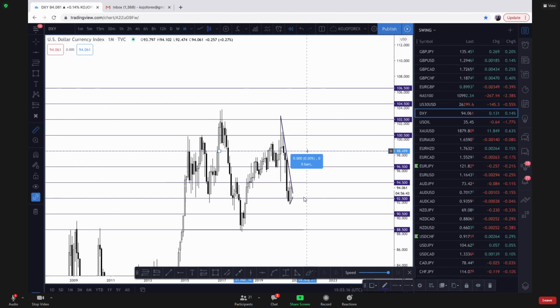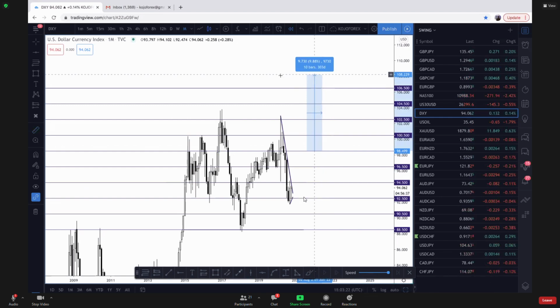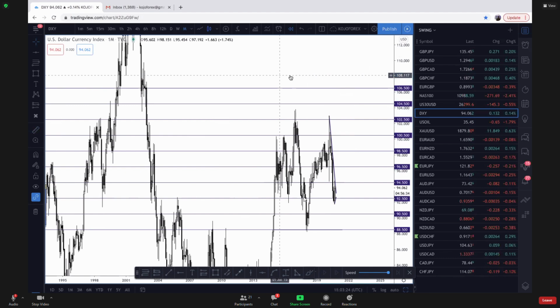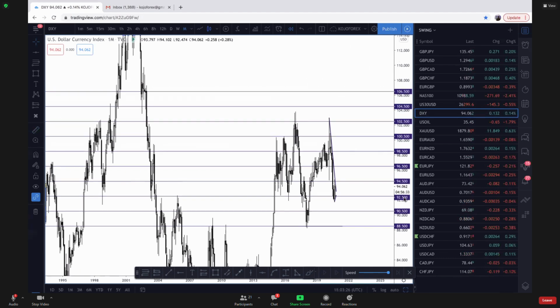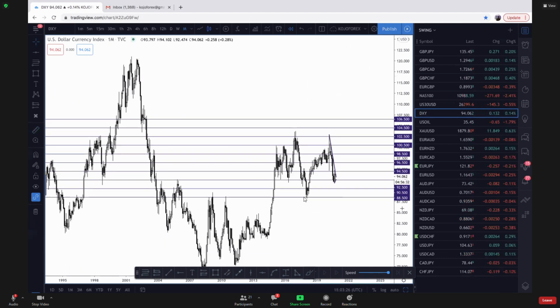Then 98.50 to 108.50 would have been another 10,000 pip. But I just didn't extend it all the way there unless the market decides to trade in that range like it did here. You can see, as far as the market decides to trade there, I would adjust my level. But now we're just dealing in this relevant range.